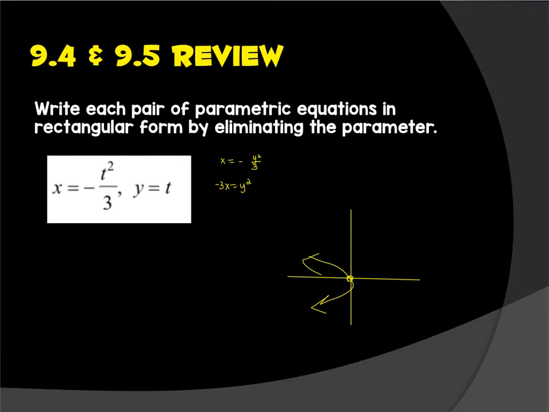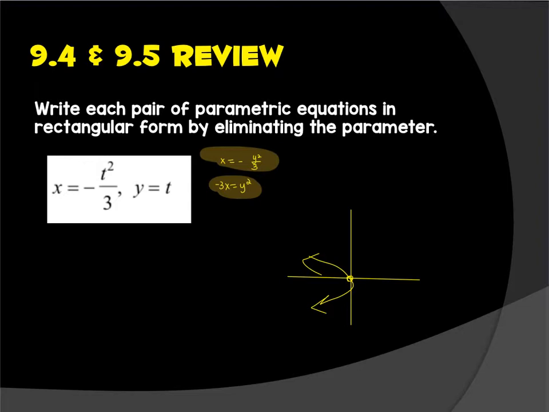Okay, second one said write each pair of parametric equations in rectangular form by eliminating the parameter. So you're trying to get rid of t. So you can take y equals t and plug the y in the place of the t, and you can get this equation or this equation, doesn't matter which one, x equals negative y squared over 3 or negative 3x equals y squared.